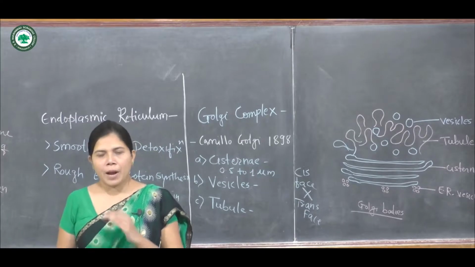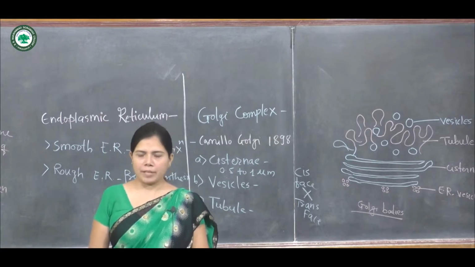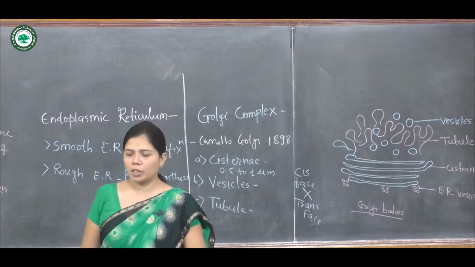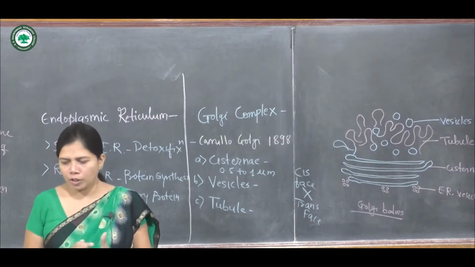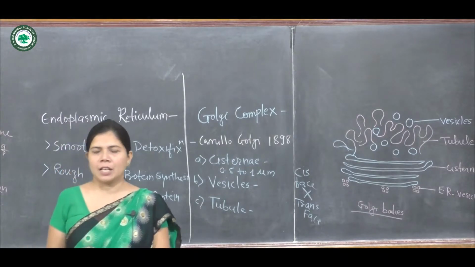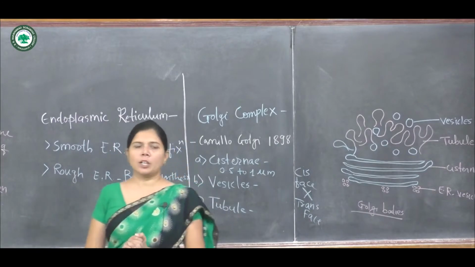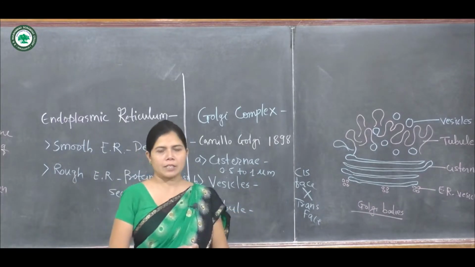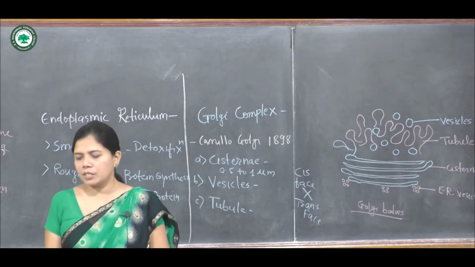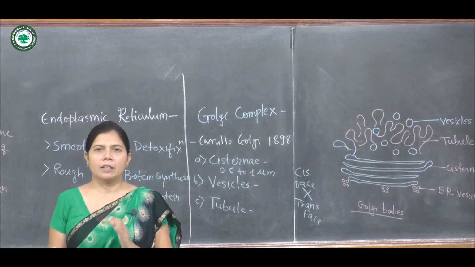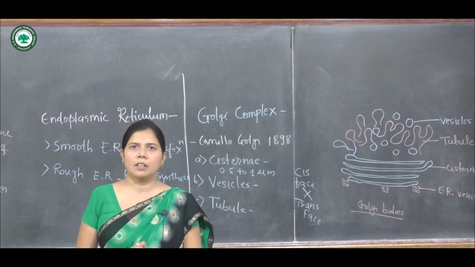Again, the primary lysosomes are formed by the Golgi bodies. These are the functions of the Golgi bodies or Golgi complex, and here the two cell organelles, the endoplasmic reticulum and the Golgi complex, are finished. These are very important cell organelles present in the cell, and we have discussed the functions of the Golgi and endoplasmic reticulum. Thank you.